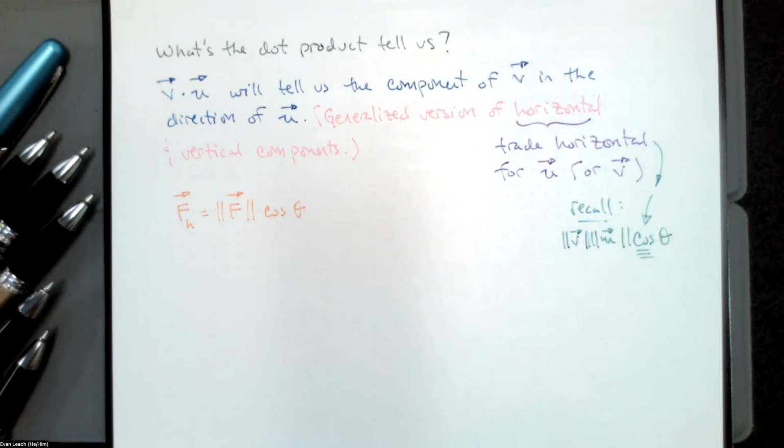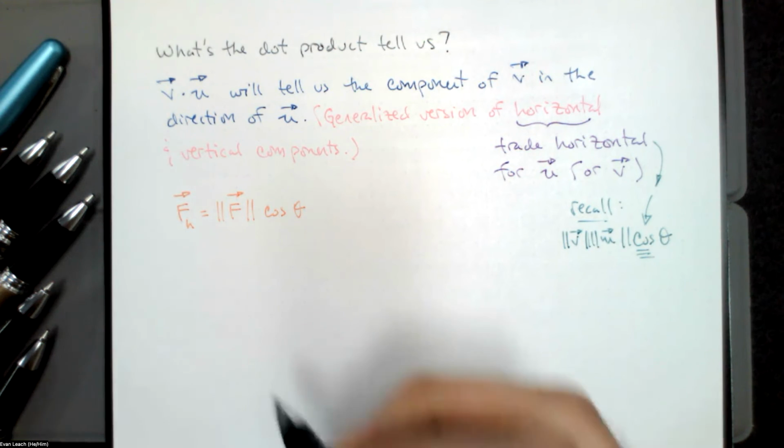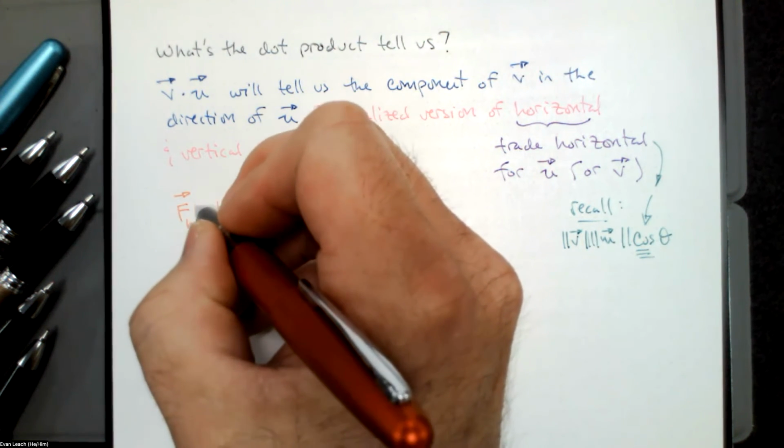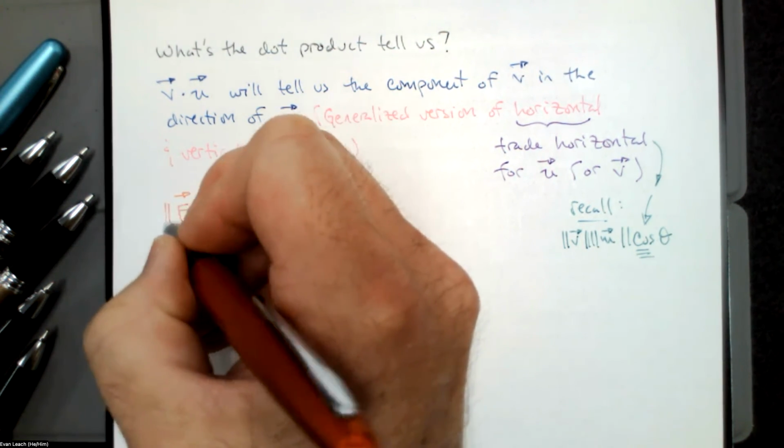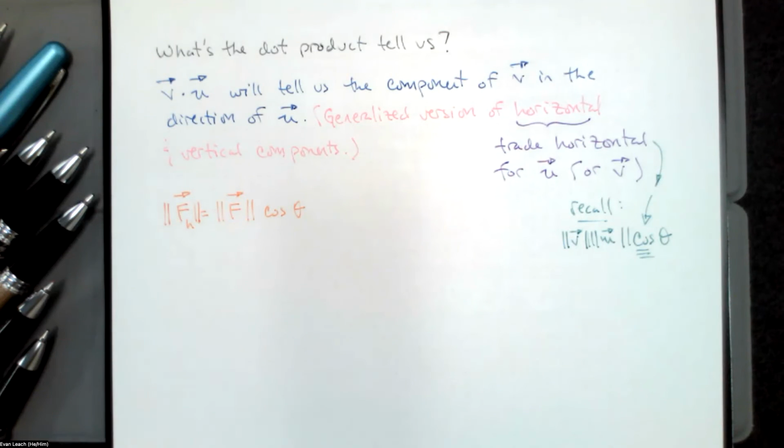So recall that this is what we did. We said, first of all, we dropped our lengths, our magnitudes. The reason that we dropped our magnitudes from FH was that we said this is in the horizontal direction. We've included that information. We just need to know how much is there. And so we just took the magnitude of F times the cosine of theta.